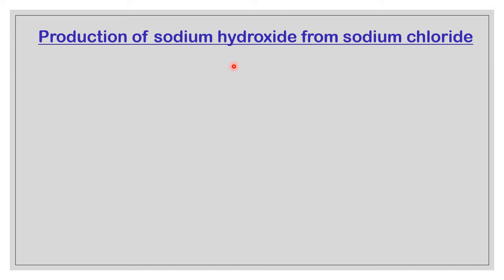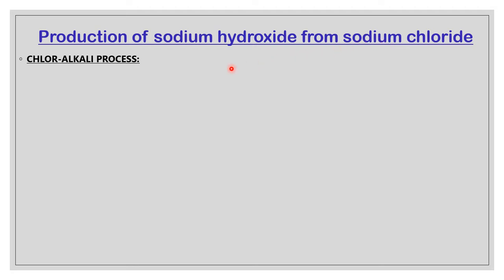So let us understand how sodium hydroxide is produced or manufactured in the industry, and using what? Using sodium chloride. Sodium chloride is the starting material or raw material for the preparation of sodium hydroxide. How is it prepared? Let us see.